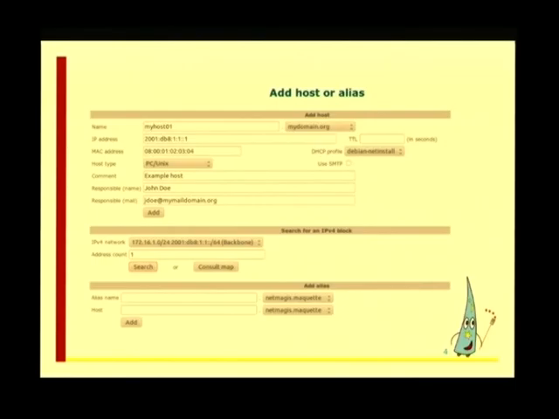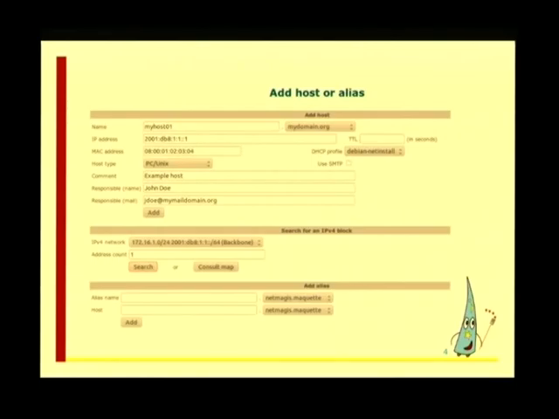So just to give you a taste of what it looks like, this is the host input interface. You just put a host name, a domain, an IP address, a MAC address. You can also put a DHCP profile with DHCP parameters.